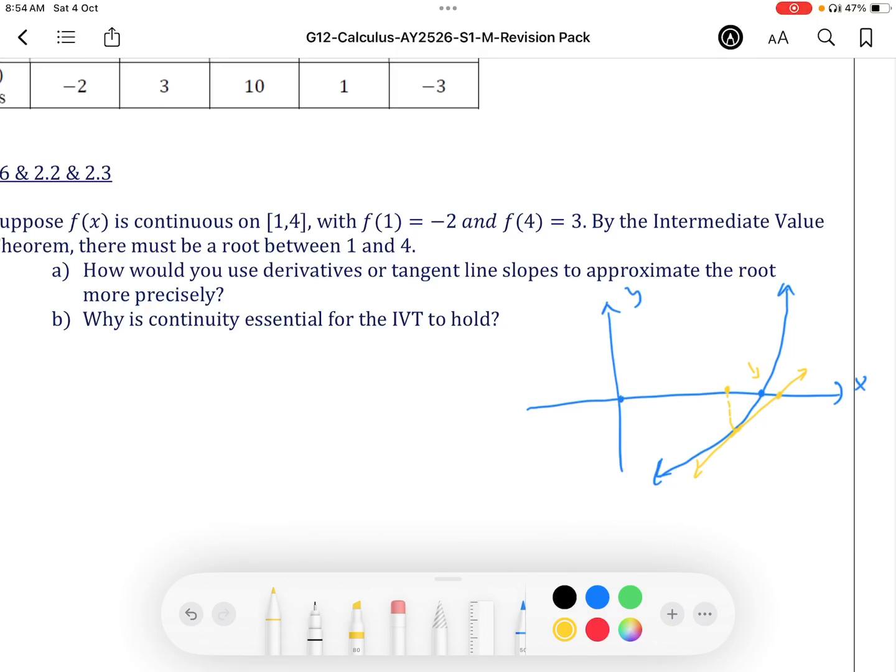And then we take another point, as we go closer to the real root, we do the same thing, and we draw a tangent line at this point, crossing the x-axis at a point that is very close to the real root. We continue this process until we are very, very close to the real root.